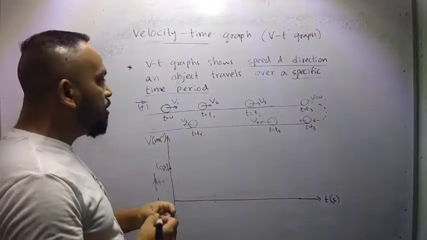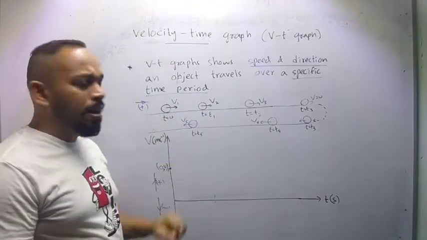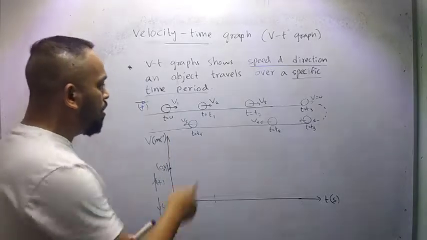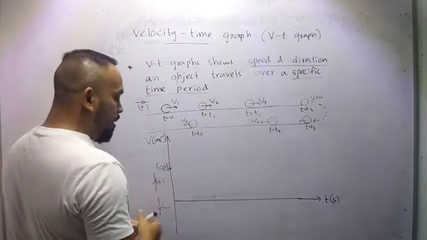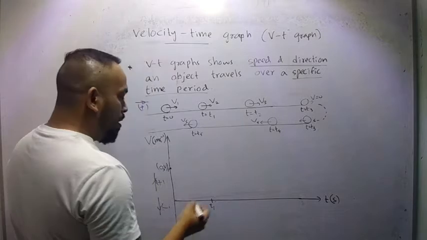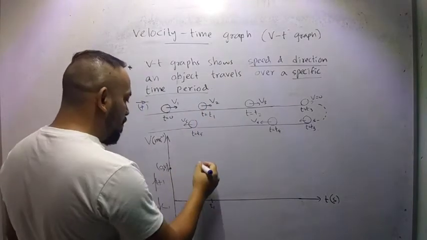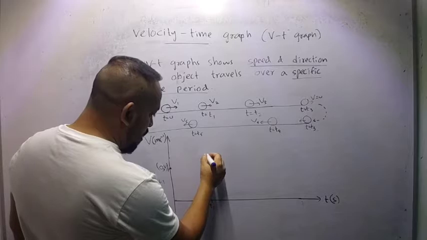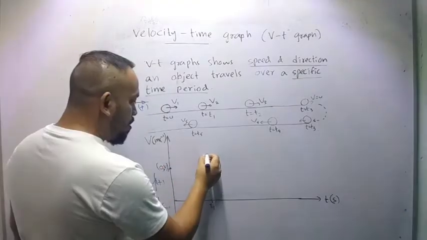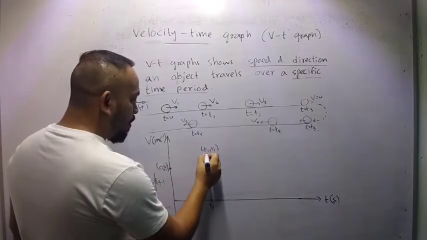Then imagine our velocity increases. This is just a picture. And we have V2 at T1. Suppose this is T1, and we have a V2. Maybe this velocity is greater or lesser, we don't know. Let's assume this is greater than V1. So at this point, this is (T1, V2), right?